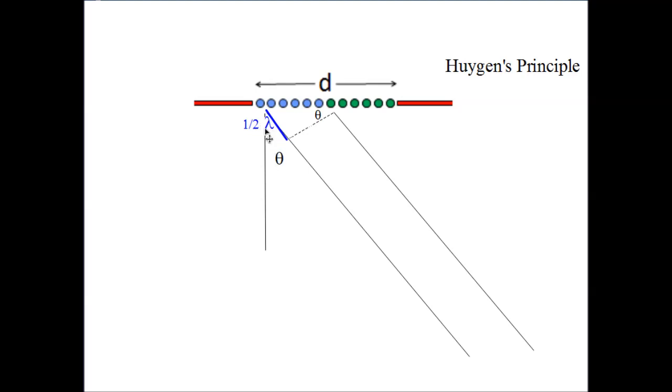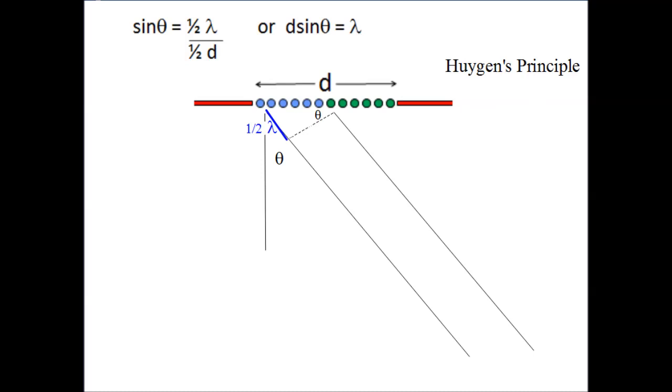So that needs to be a half a wavelength, but you can see that the sine of theta is going to be the opposite, which is supposed to be a half a wavelength, divided by the hypotenuse, which is going to be 1/2 of d, and we got this result for the angle at which a node would occur given a gap of size d and a wavelength lambda.